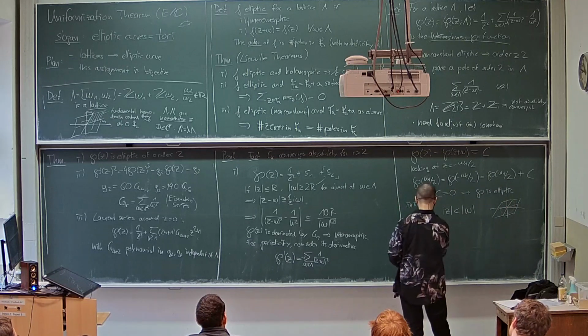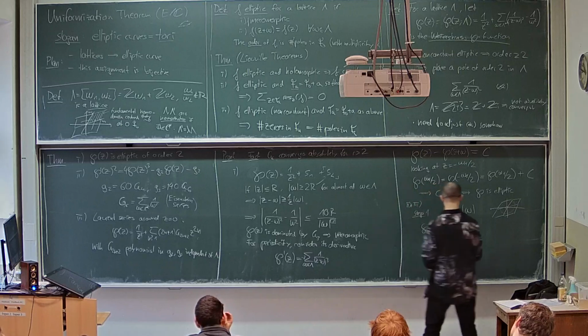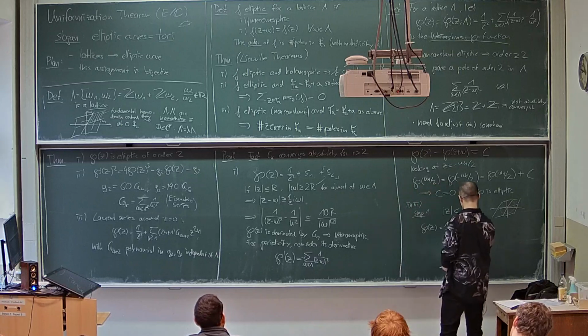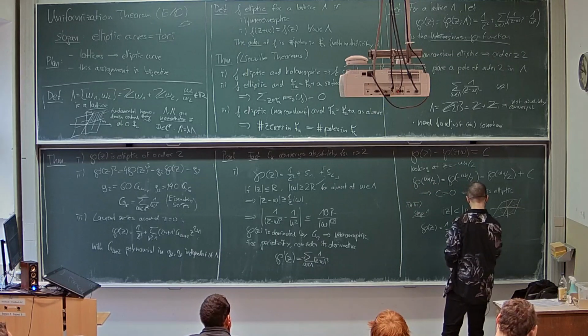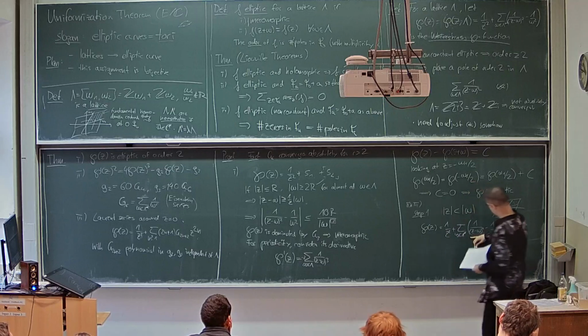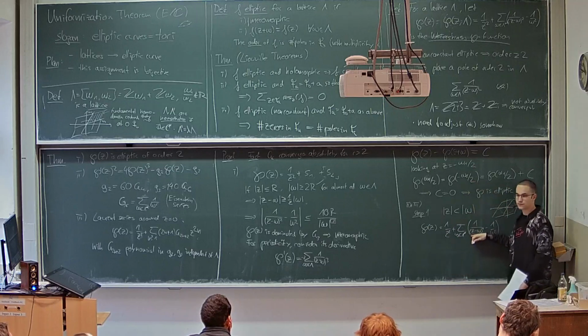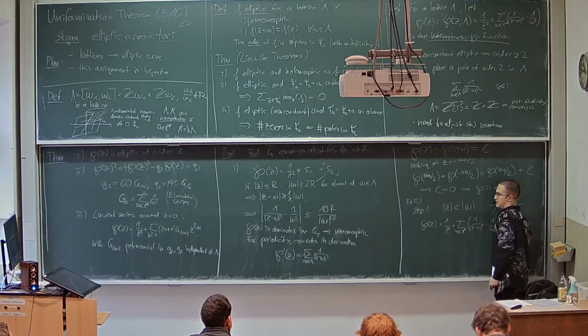So by definition, the Weierstrass P function is 1 over z squared plus the sum over omega of 1 over (z minus omega) squared minus 1 over omega squared. And this term here is just a derivative of a geometric series. So we can use the usual formula for this and plug it in.